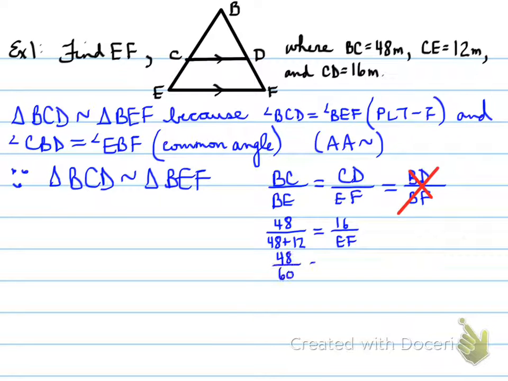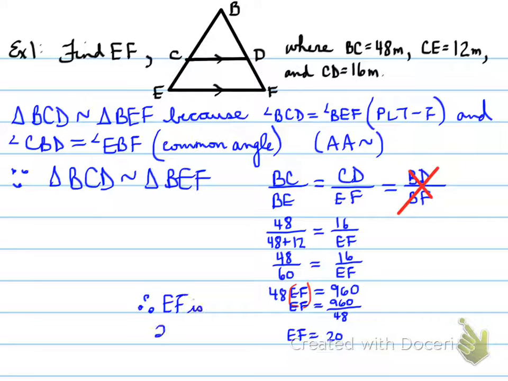So 48 over 60 equals 16 over EF. 48 times EF is equal to 16 times 60, which is 960. Now keep in mind we want to keep EF by itself. So we're going to take EF equals 960 and divide it by 48. We get an answer for EF of 20. That's right. Therefore, EF is 20 meters long. Okay, moving on to the next one.